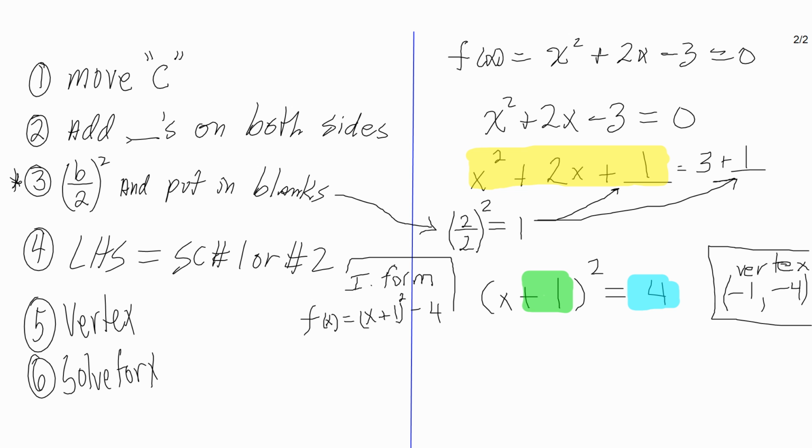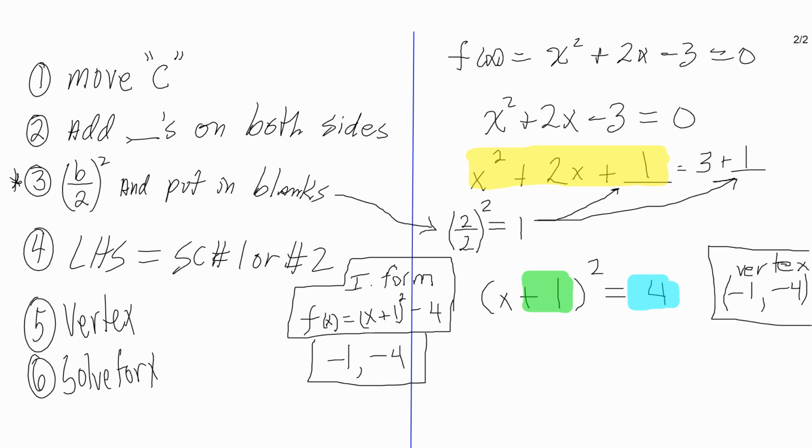Now, after they tell you to put it in intercept form, they're going to ask you for the vertex. When it's in this form, you take the opposite of the 1, and you just bring the negative 4 down. Do you get the same answer? Yes. But you've got to be able to distinguish what form it's in. This form, you're solving.